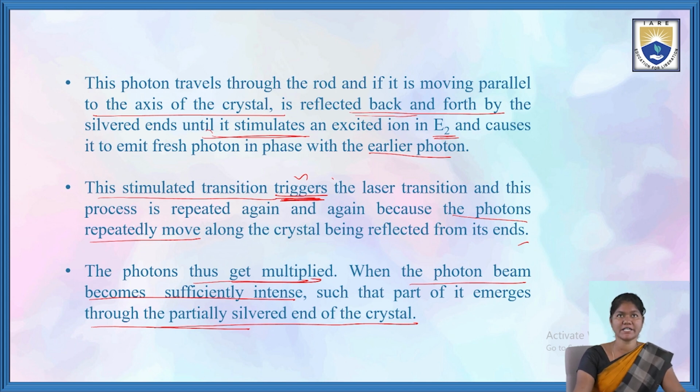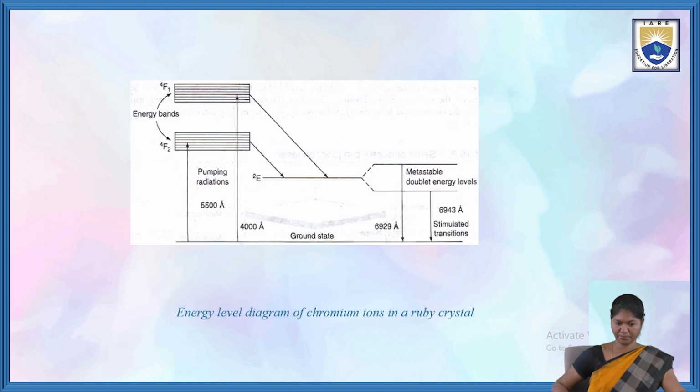This stimulated transition triggers the laser transition, and the process is repeated again and again because the photons repeatedly move along the crystal, being reflected from its ends, so the photons get multiplied. When the photon beam becomes sufficiently intense, part of it emerges through the partially silvered end of the ruby crystal rod.